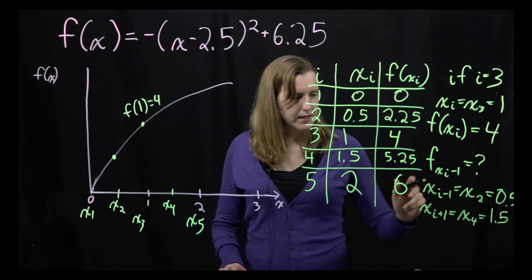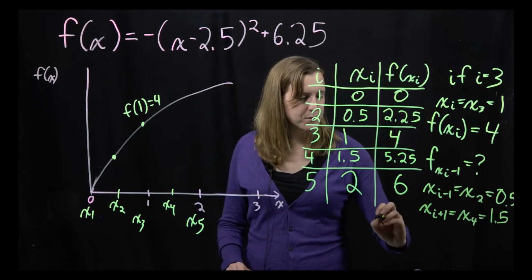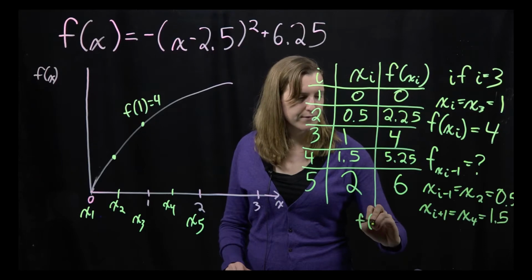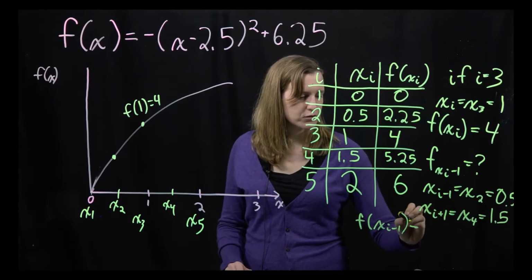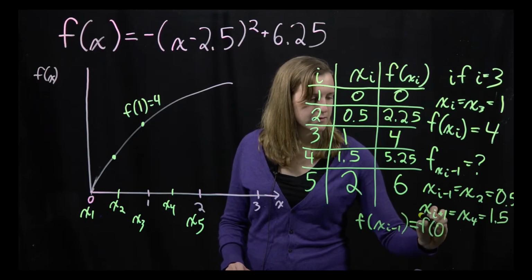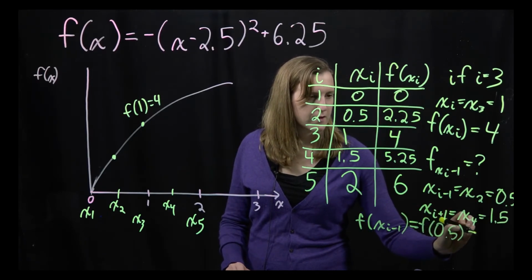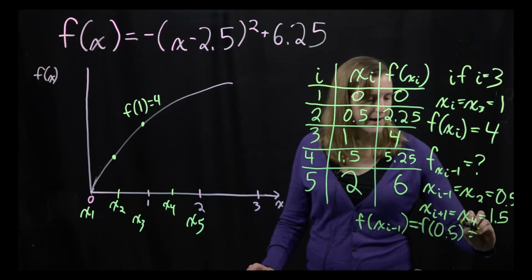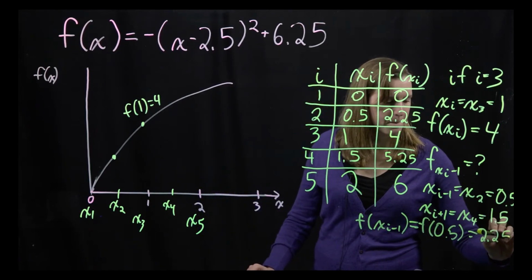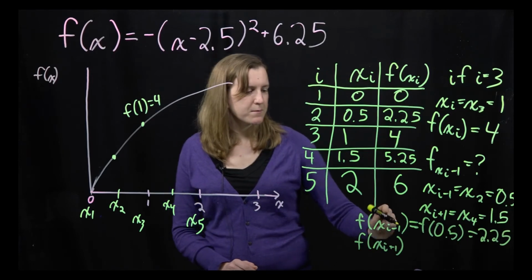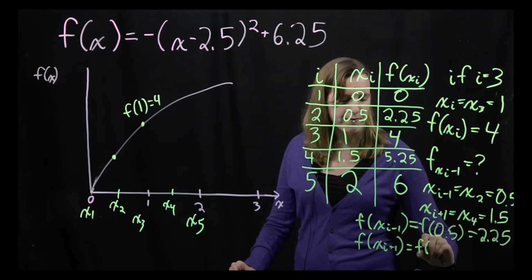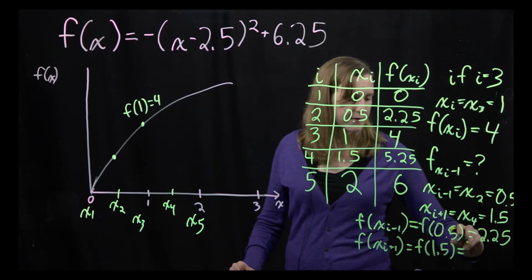And the final thing is we can know the values of the function at these 2 points. So we find that f of xi minus 1 is just equal to f of 0.5, and that equals 2.25. And then at i plus 1, we just do the same thing. So it's f of 1.5, and that just equals 5.25.